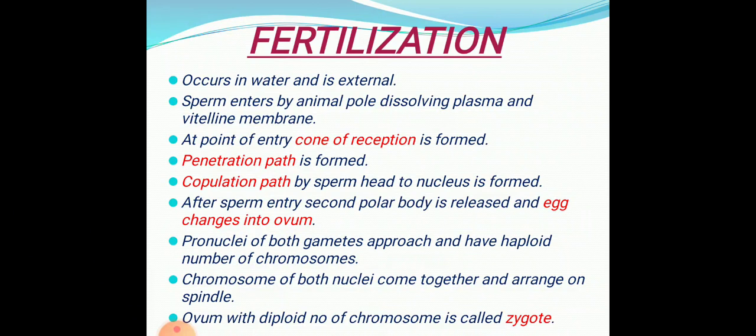The sperm enters by the animal pole, dissolving the plasma membrane and the vitelline membrane. So from which side are the sperms entering? The sperms are entering by the animal pole by dissolving the plasma membrane as well as the vitelline membrane.